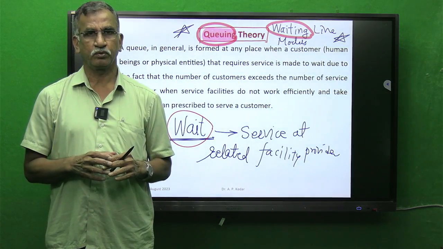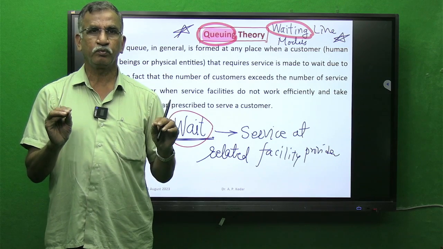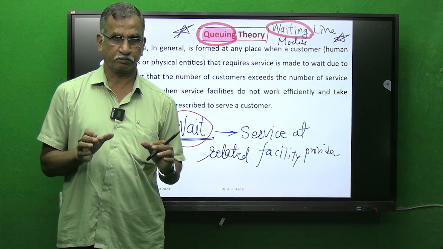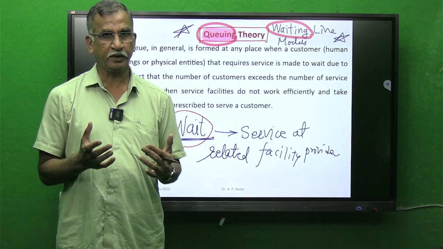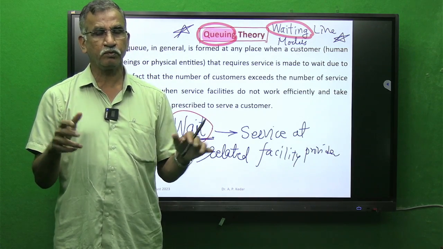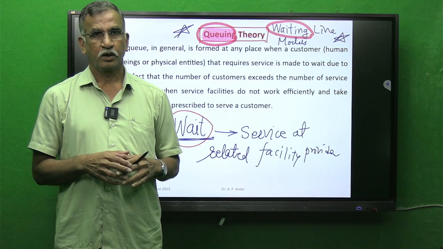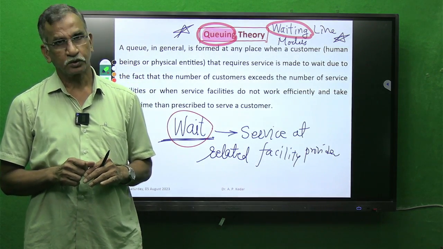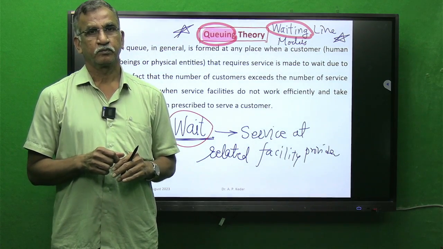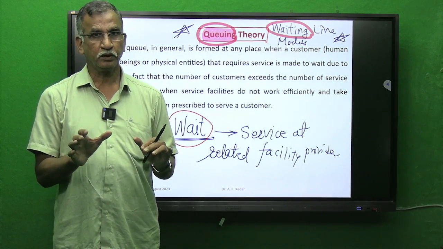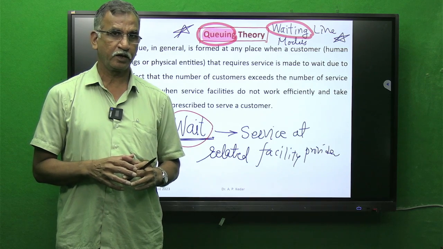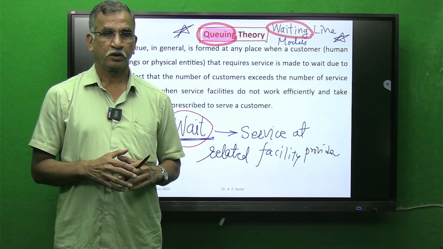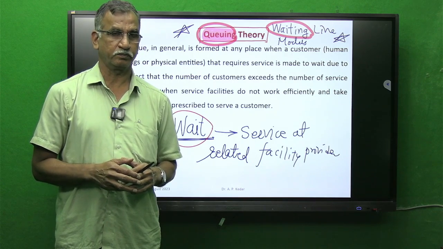Everywhere you go, you will find a queue. And the population, meaning you and me who are living in this universe, are bound to obey the rules pertaining to the queue for effective working of the queuing system. If we do not cooperate, then we have seen many times a collapse in the queuing system.